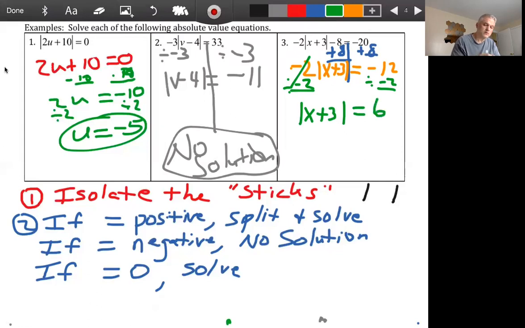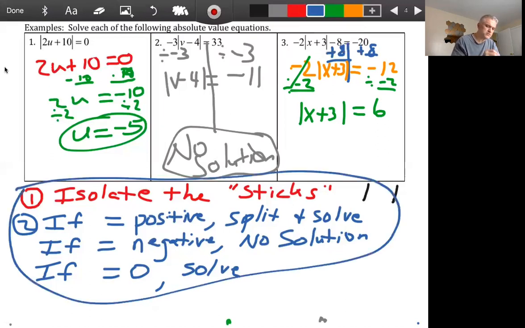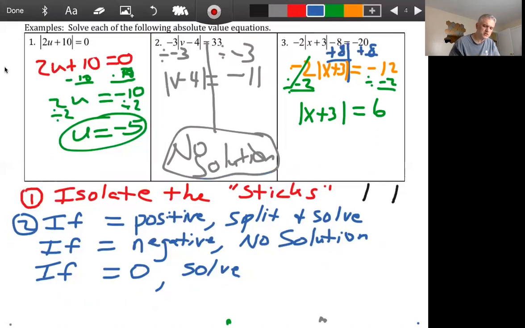Looking down here again, we isolated the sticks, and once you isolate the sticks, if it says equals a positive number, like this says equals +6, then we're going to split and solve. We're going to drop the sticks, and we're going to say that x plus 3 could equal 6, because the absolute value of 6 is 6.